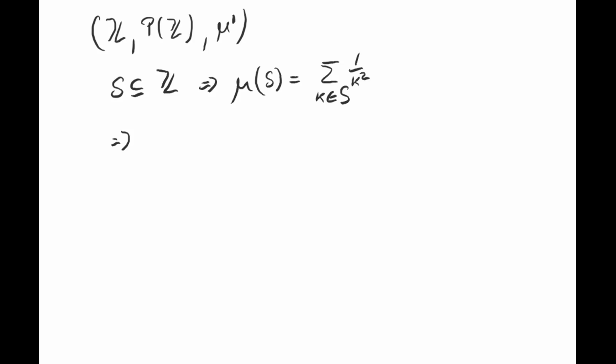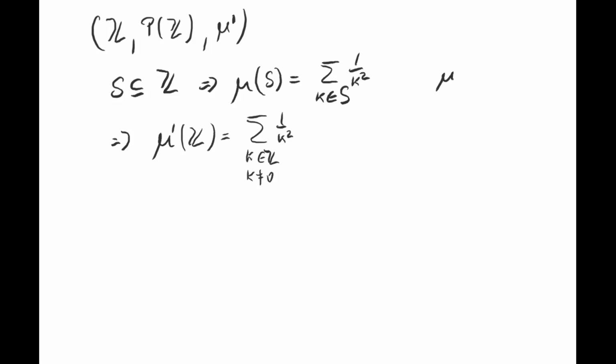We know then in this case, mu prime of the entire space would be the sum over k in Z, k not equal to 0, of 1 over k squared.